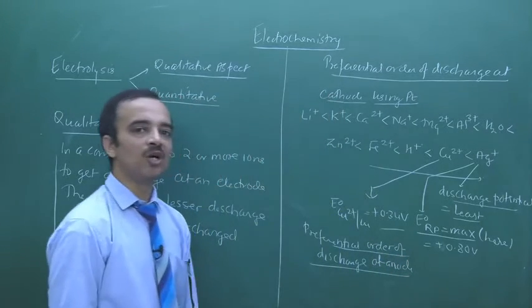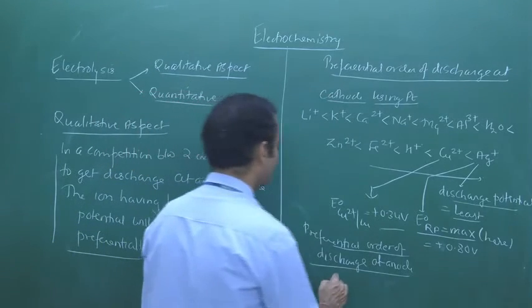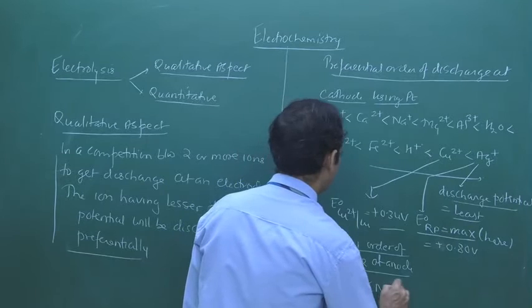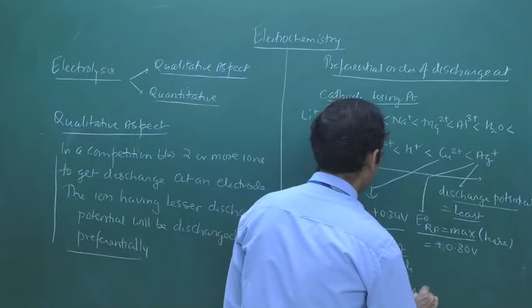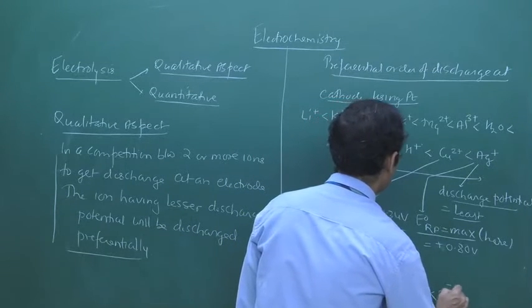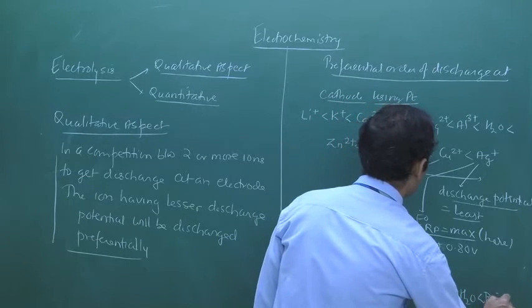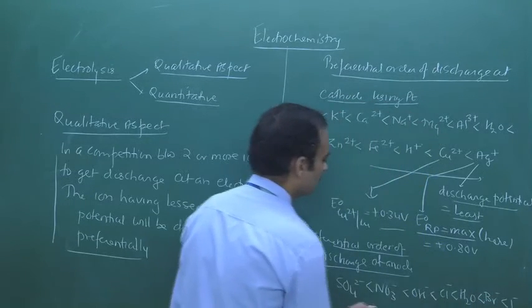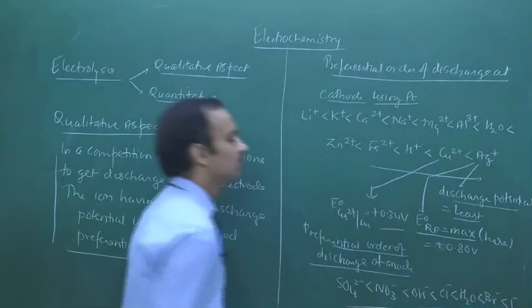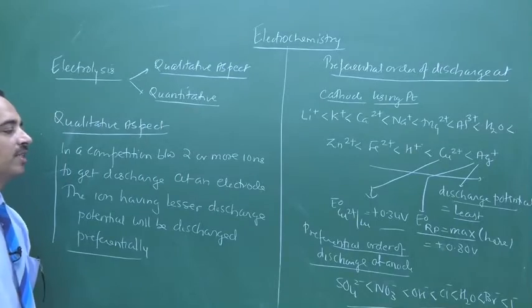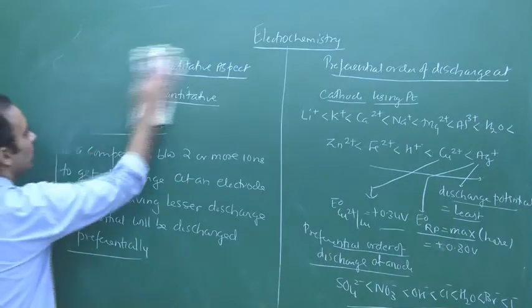Beta, the preferential order of discharge at anode is, you may say, sulfate, then comes nitrate, then OH negative, then Cl negative, then water, then Br, and so on. Is it clear?